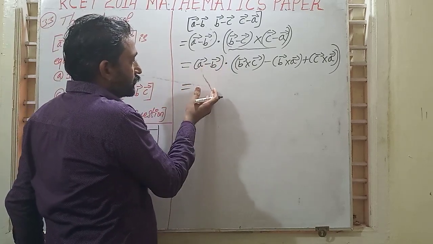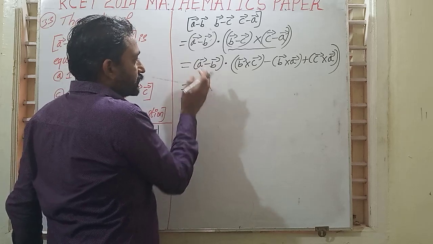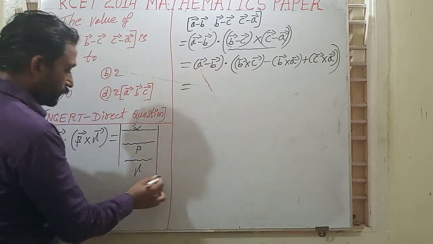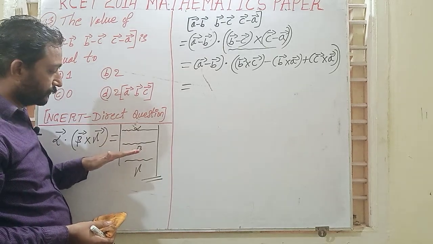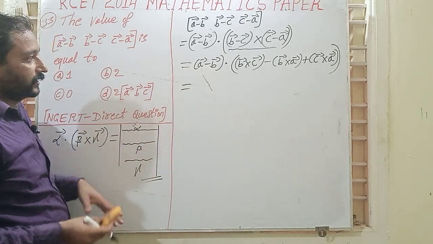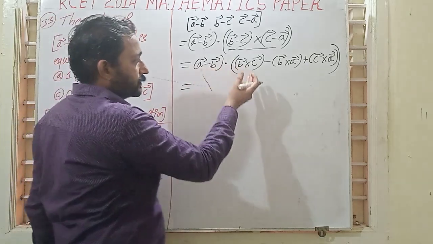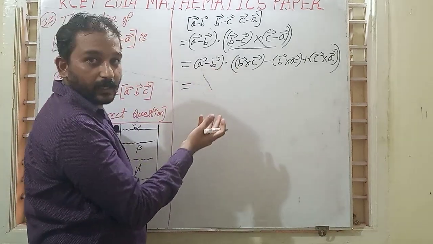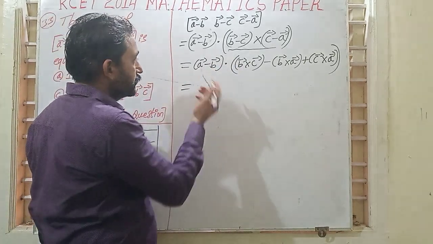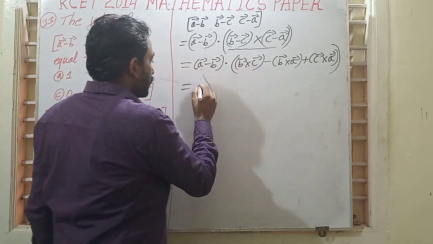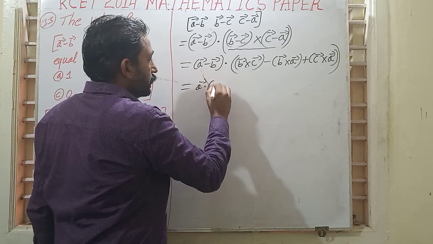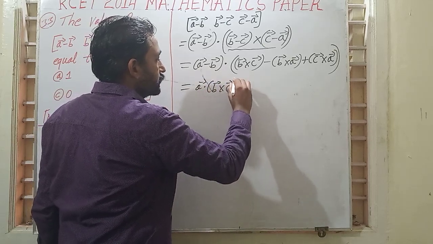The scalar triple product is obtained in this case. Once again, the scalar triple product is a determinant. If any two rows or columns are identical, the value of the determinant becomes 0. In the same way, if any two vectors are identical, the value of the scalar triple product is 0. So here, A dot B cross C has no repeated vectors, so write it down.